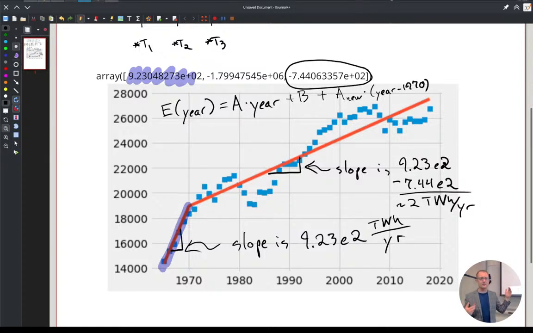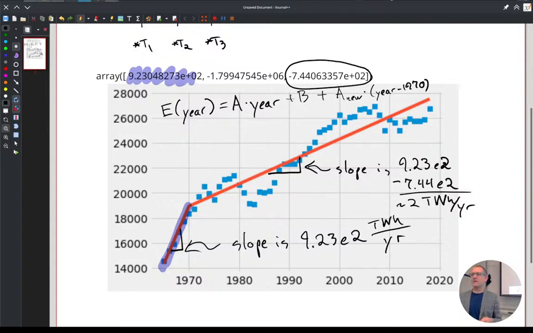It's not that that is what happened, because what really happened is it jumped up and down. But on average, if we take the best approximation of a straight line for those years, that's what we can roughly say happened. Is that what you're asking, or were you asking something different?